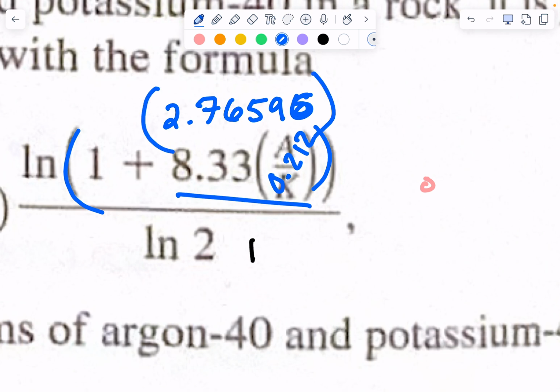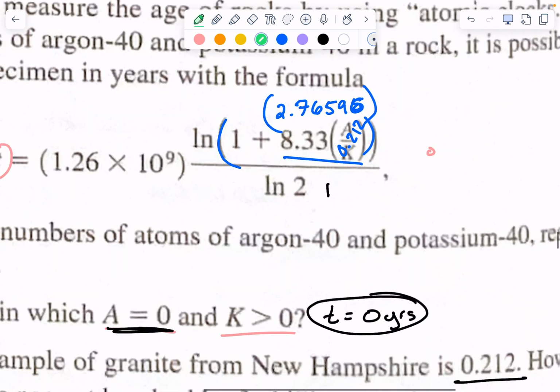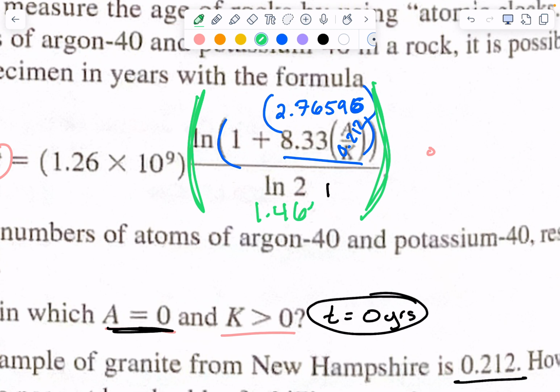So I'm doing ln of that number, divided by ln of 2. For this whole thing I got 1.4678, something like that. I'm going to take that times 1.26 times 10 to the 9th power.